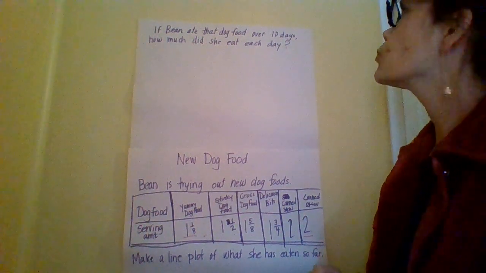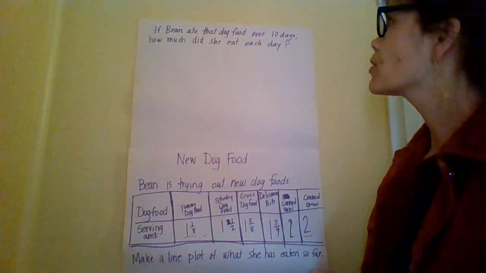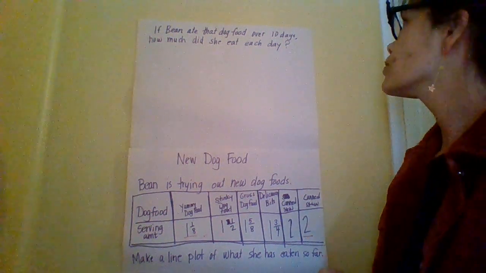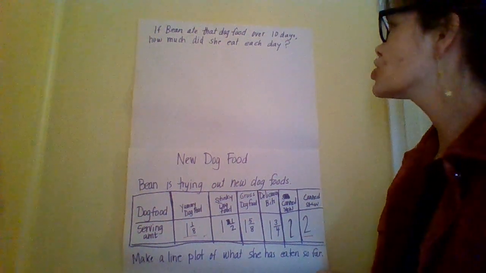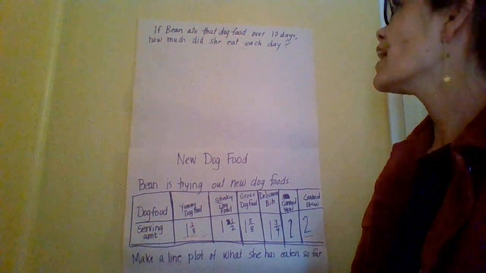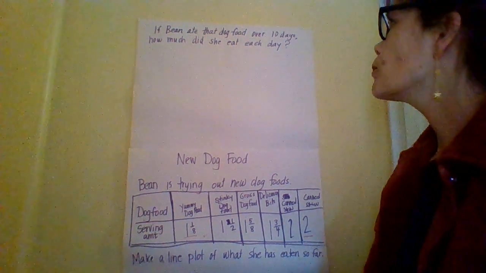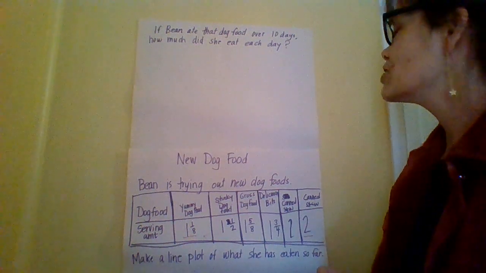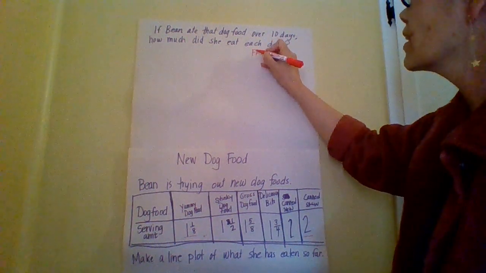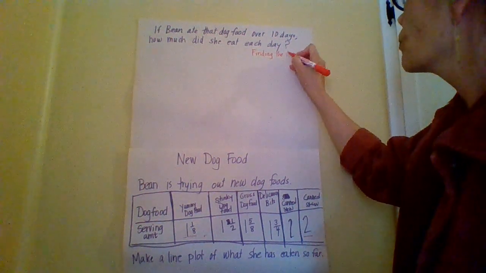So a question that would make you total up the amount of dog food that Bean consumed is how much did she eat per day? In this one, it says if Bean ate that dog food over 10 days, how much did she eat each day? So in this question, you are finding the average amount.